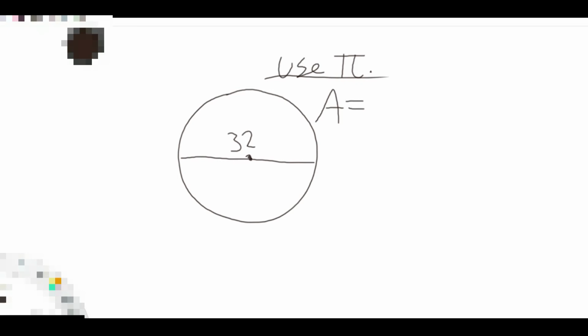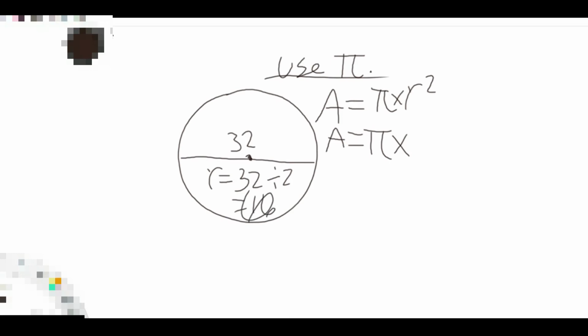It will still prove that you showed work, and some teachers want you to show work. So area equals pi r squared. You could do times, but I'll include the multiplication sign. So area equals pi times, since this is diameter, radius equals 32 divided by 2, which is 16.